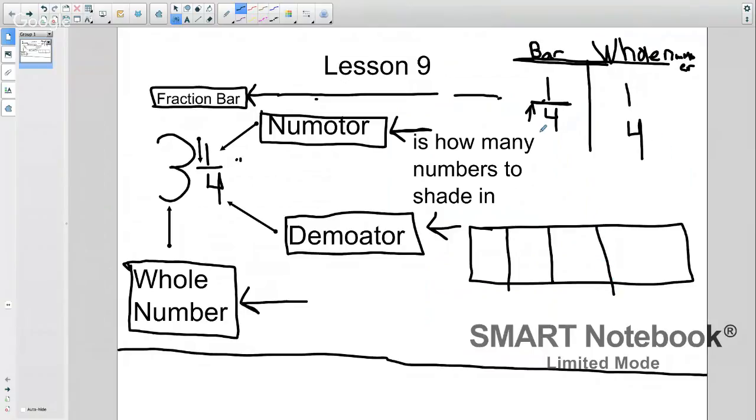You know why? 4 is your denominator. And I'm going to shade in 1. 1 is my numerator. 1 is to shade.